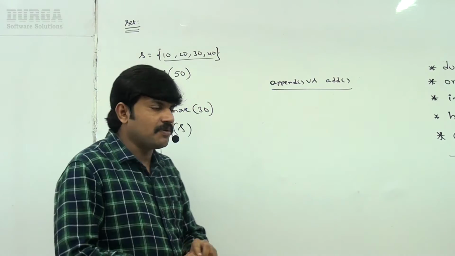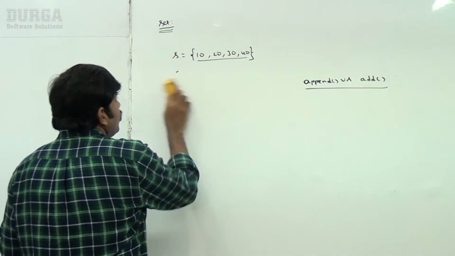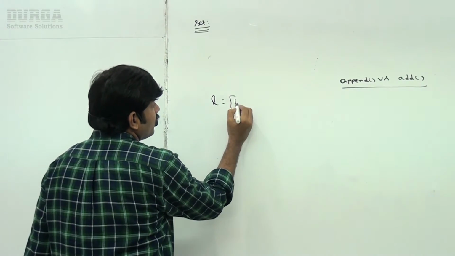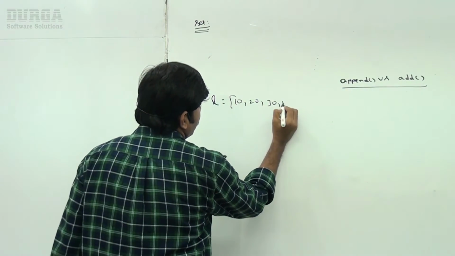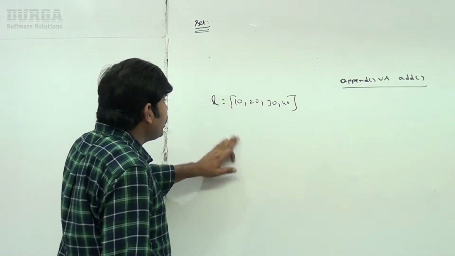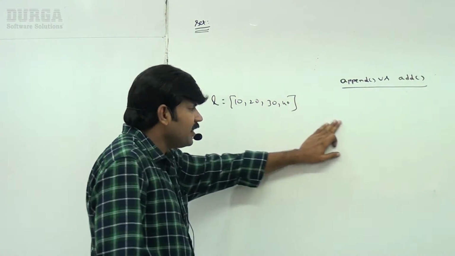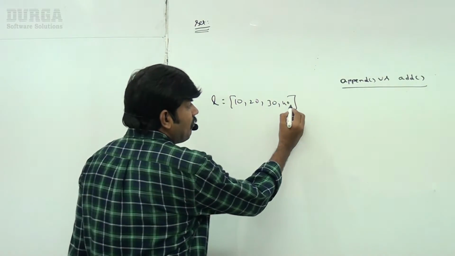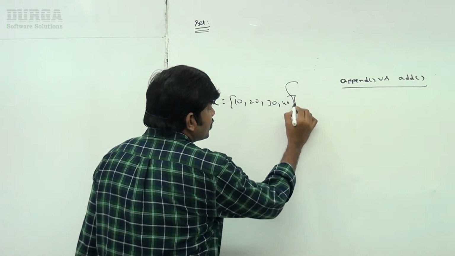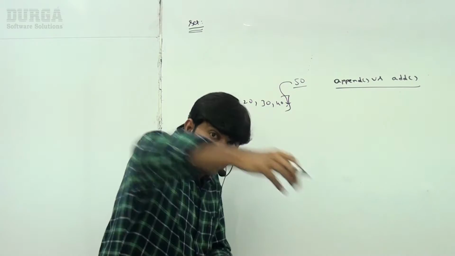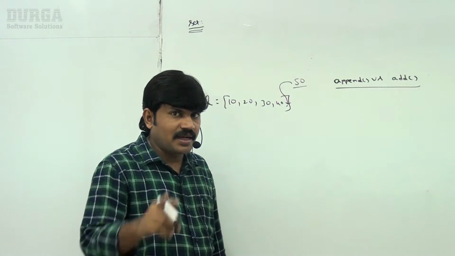Very simple. Observe carefully, sir. If I consider this is my list, L is equal to 10, 20, 30, 40. If I am trying to add 50, where will it be added? At last, compulsorily. In the last position 50 will be added. If you are adding something at last, that operation is called the append operation.